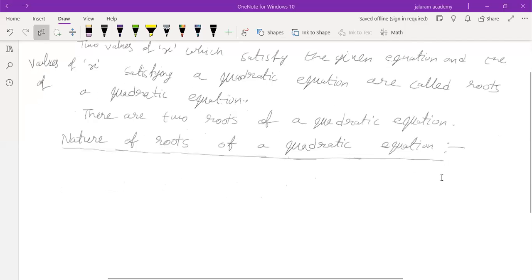So we know that Sridharacharya formula is used to solve a quadratic equation of the type ax square plus bx plus c equals to 0.